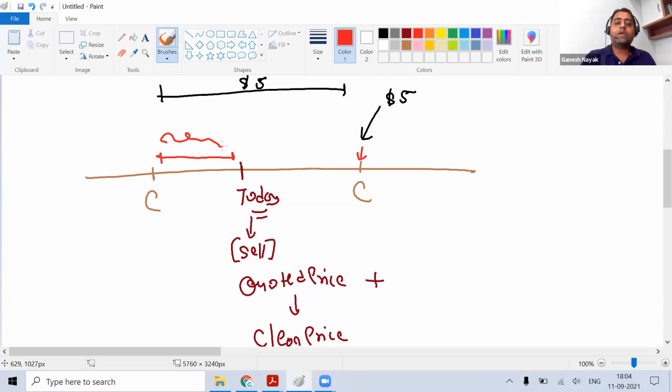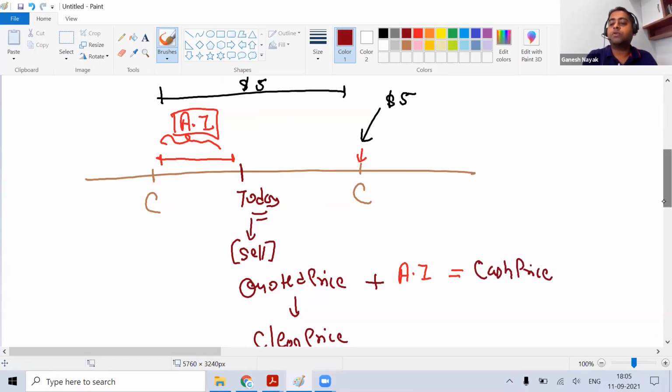That is where you're going to calculate the accrued interest. And you will add this accrued interest to the quoted price, and you will get a dirty price, also called the cash price. This is the price that you should get when you want to sell the bond today.